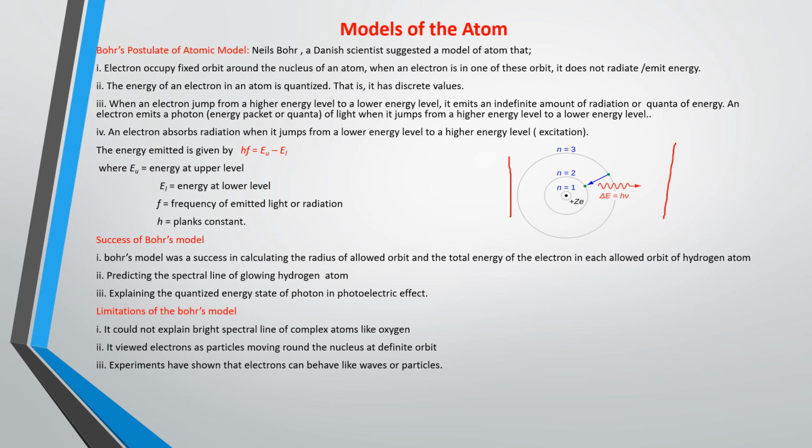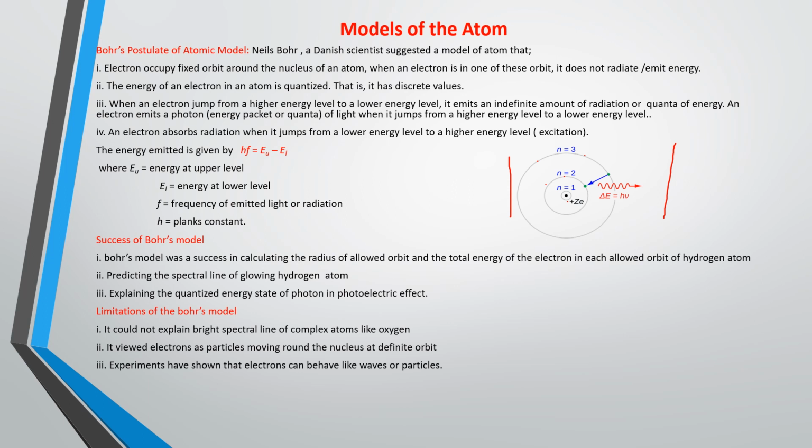He says that the electron occupies fixed orbits around the central nucleus. He also says that when an electron is in one of its orbits, it does not radiate or emit energy. So what it simply states is that the electrons in the orbits are stable, unlike what Rutherford said. He says that the electrons are stable in their orbits.